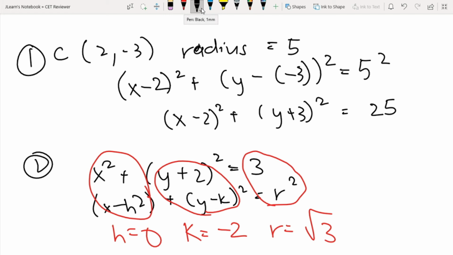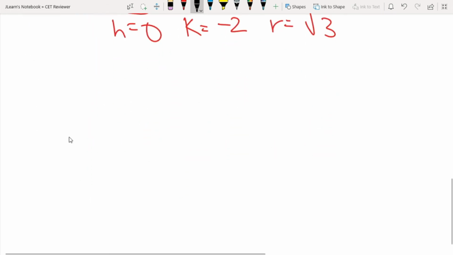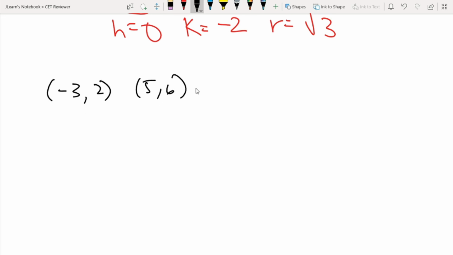So, gawa naman tayo ng medyo mas mahirap-hirap na example, no? So, let's say, meron kang 2 points. So, let's say yung points mo ay -3, 2, and 5, 6. And sabi, ito daw ay 2 points in the circle, okay? And ito daw yung endpoints of the diameter.